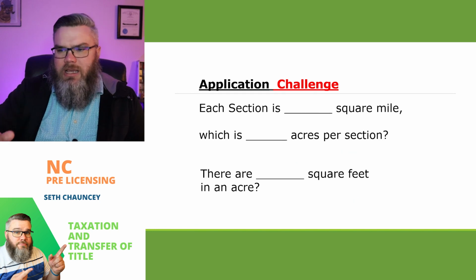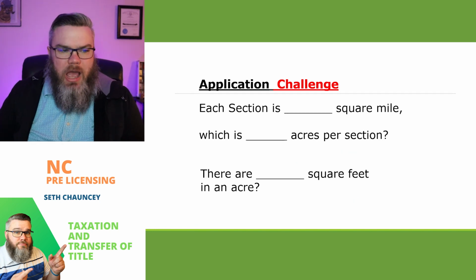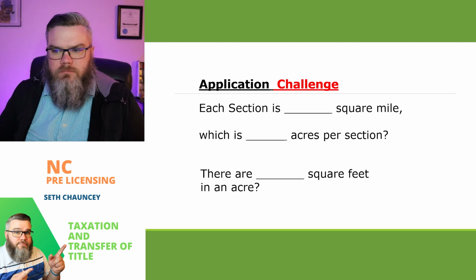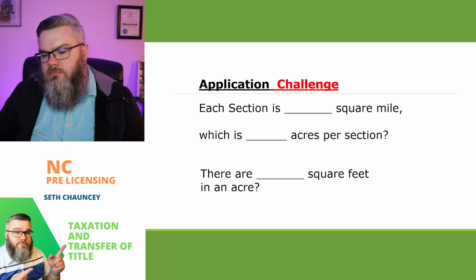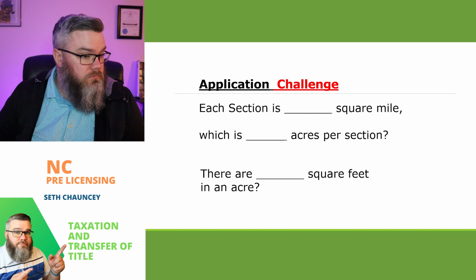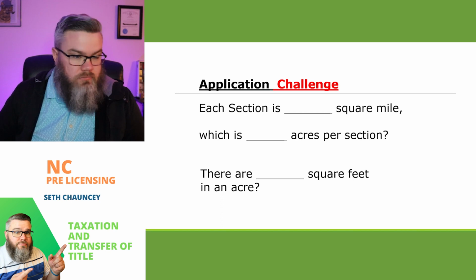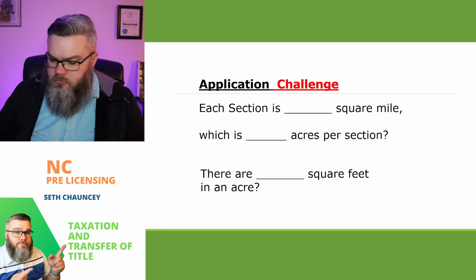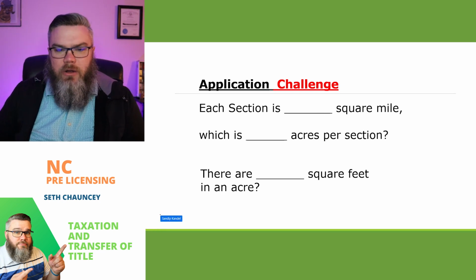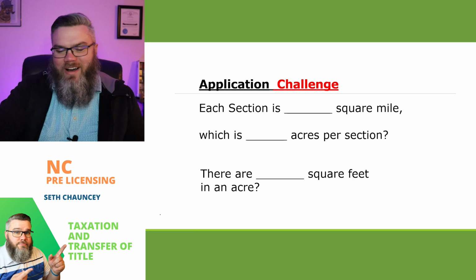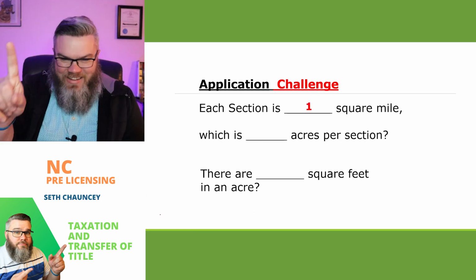How about this? Each section is how many square miles? 640, right? Square miles. One. Oh, yeah. One square mile.